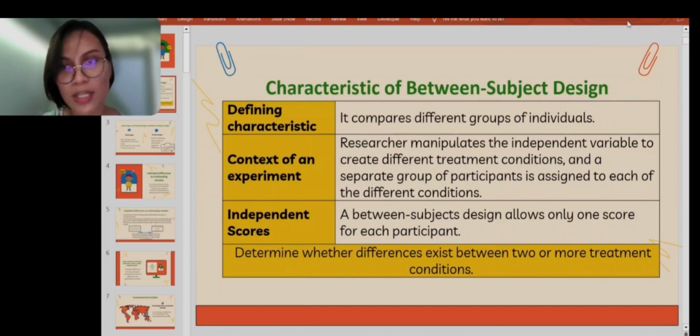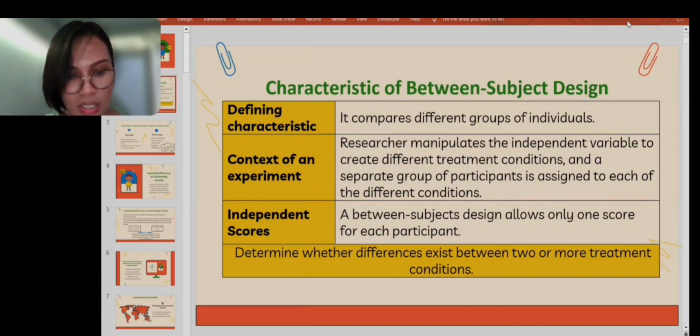So, researchers manipulate the independent variables to create different treatment conditions, and a separate group of participants is assigned to each of the different conditions. The dependent variable is then measured for each individual, and the researcher examines the data, looking for differences between groups. The goal of between-subject design is to determine whether differences exist between two or more treatment conditions.